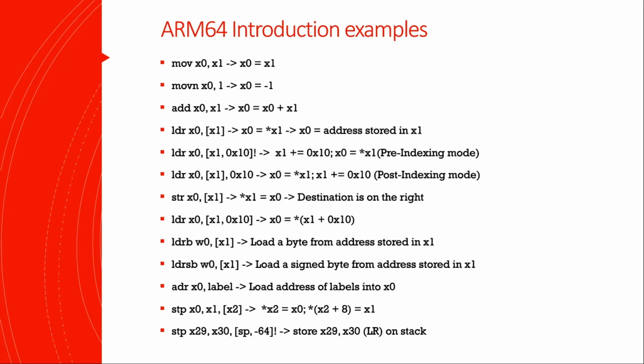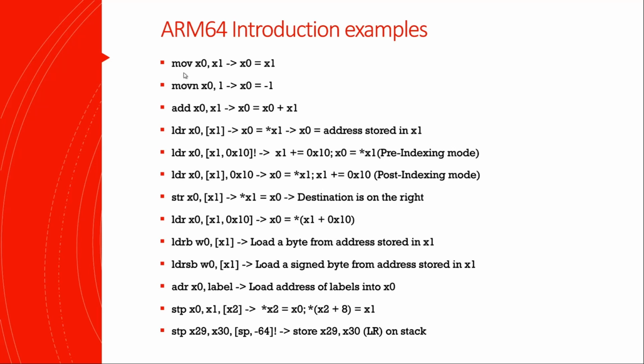Okay, let's come to the next slide where I will explain some examples on how the instructions are used, and these are some very basic and common instructions which you will encounter mostly in your binaries.